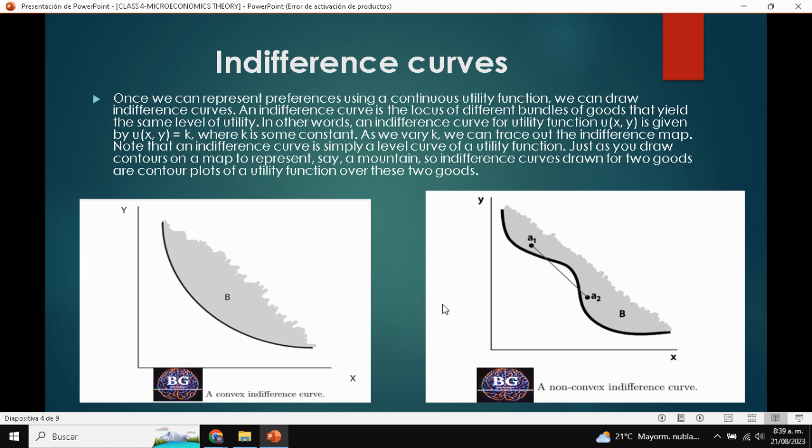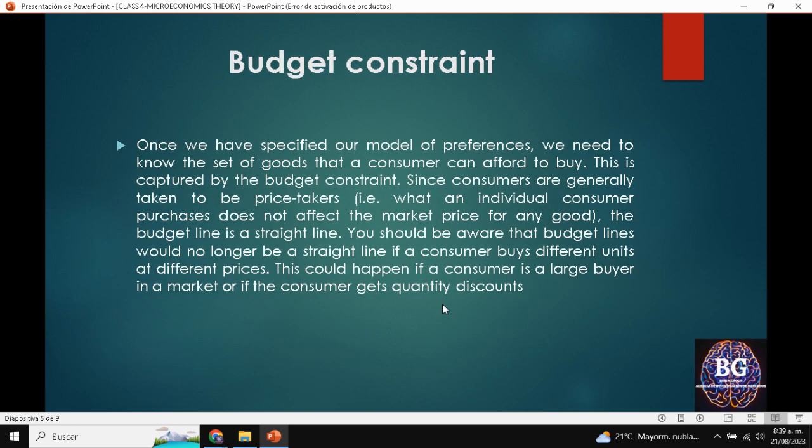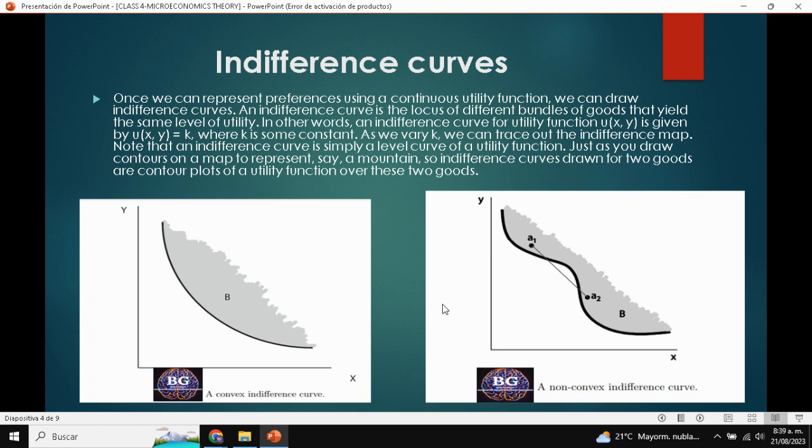As we vary k, we can trace out the indifference map. Note that an indifference curve is simply a level curve of a utility function. Just as you draw contours on a map to represent, say, a mountain, so indifference curves drawn for two goods are contour plots of a utility function over these two goods.